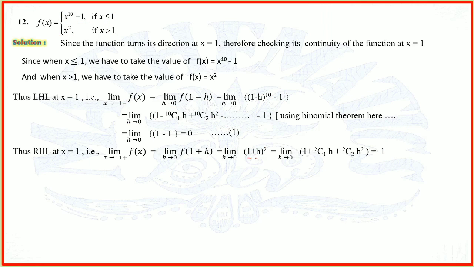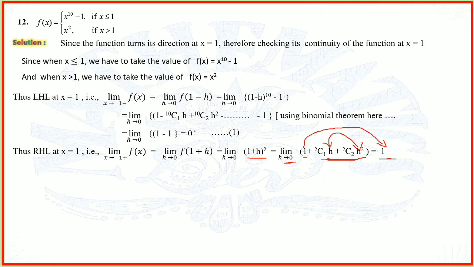Then opening it, (a plus b) whole square, by the binomial theorem or a simple way, you can open 1 plus 2C1 h plus 2C2 h square. As you can see, here h, and here also h. When we take limit h tends to 0, these two terms will become 0, and we have only the non-h term remaining. So this is equal to 1.